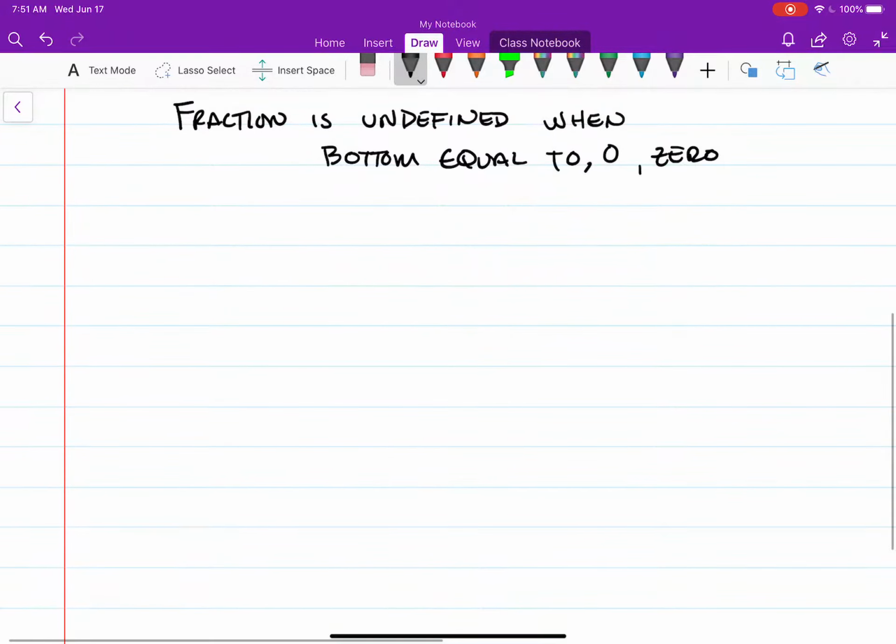So, in other words, if I have 5 divided by 0, 5 over 0, if you put this in your calculator, you will get error. Or you'll see a symbol like E somewhere on your calculator that tells you it is an error, because that's when it's undefined. Now, 0 over 5 is equal to 0.